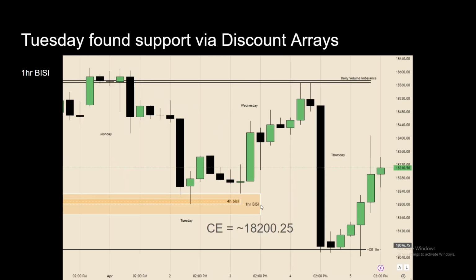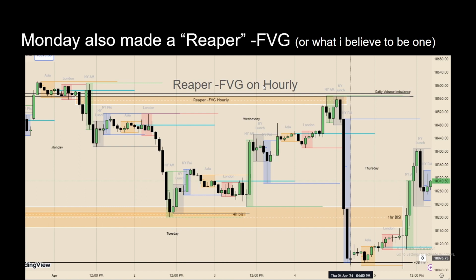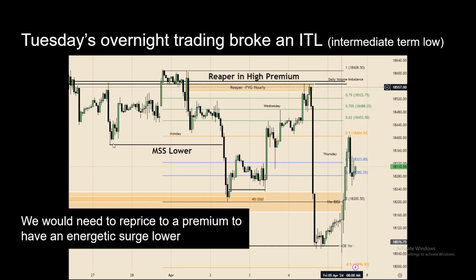Another buy side imbalance, sell side inefficiency acting as support to get us up into the premium arrays. Another premium array, a breaker, minus fair value gap on the hourly here. Market structure shifts lower, right? And breaking an intermediate term low. So just a lot of fingerprints to tell us that this is likely to draw up to a premium.